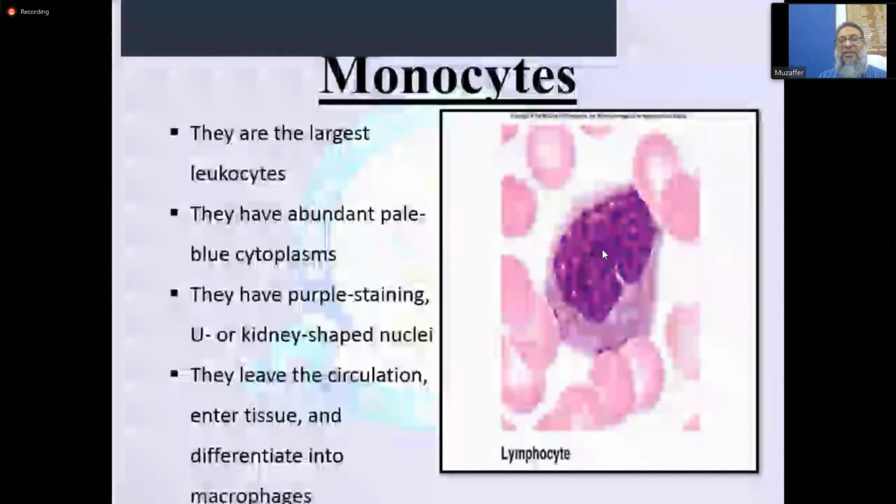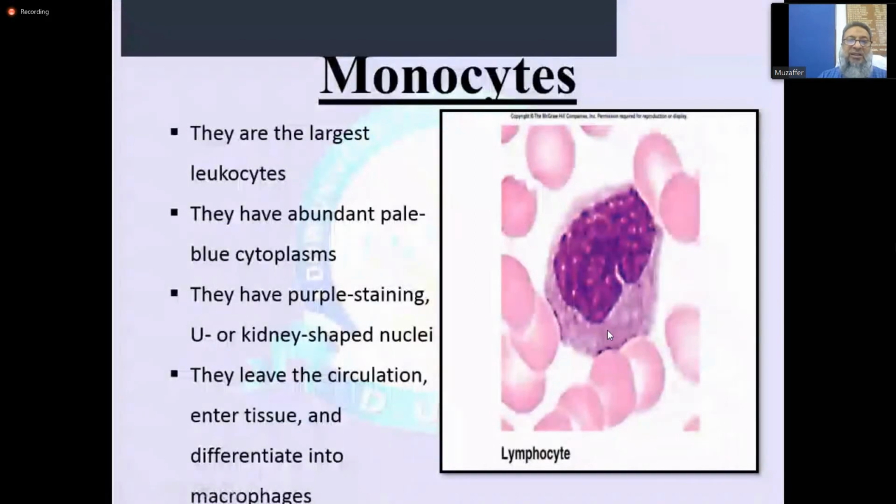You can easily identify them under the microscope, and they have abundant pale blue cytoplasm. When they migrate from the circulation by diapedesis, they become macrophages.